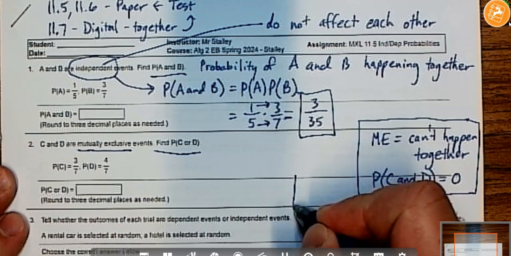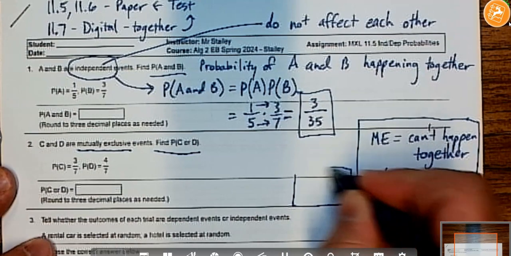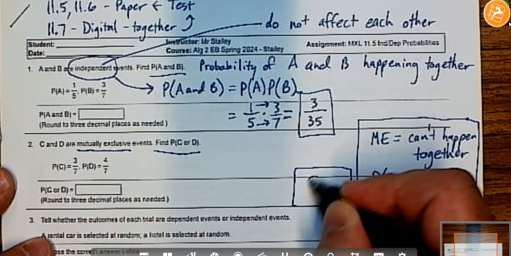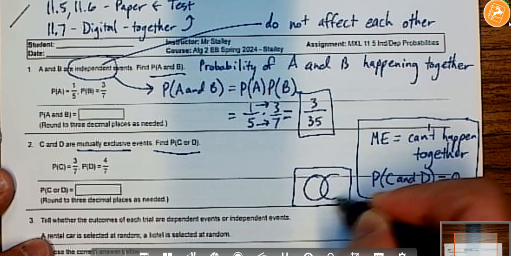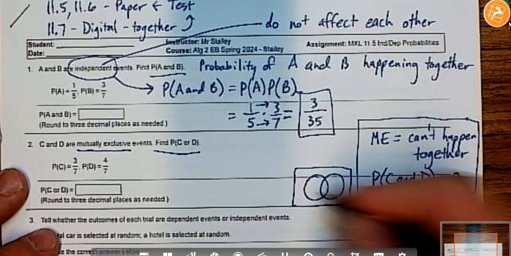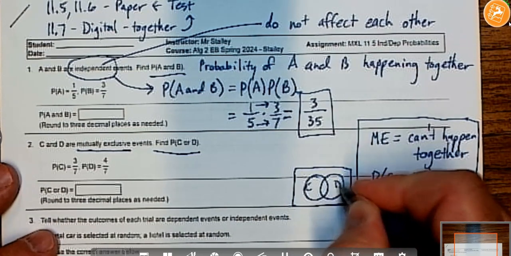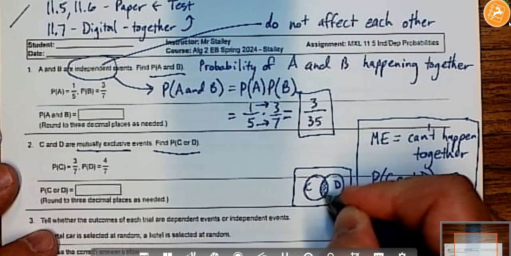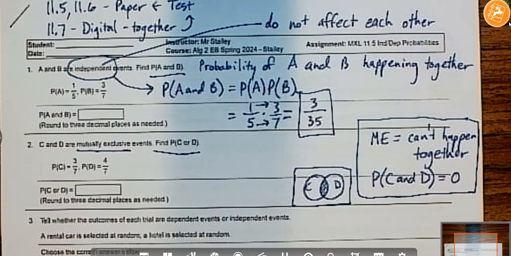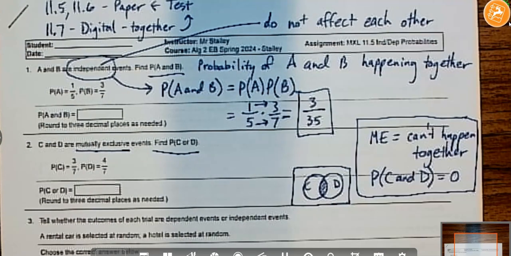Now, I'm wondering if you remember before break when we were doing Venn diagrams, and I drew a Venn diagram like this, and we called this C and this D, and there was an overlap in the middle.